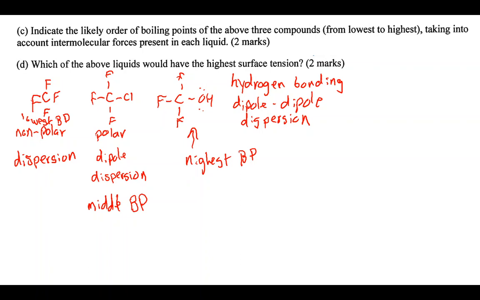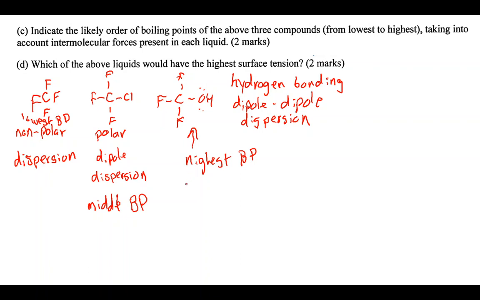So D, which of the above liquids would have the highest surface tension? So surface tension is also dependent upon intermolecular forces. It's kind of like the viscosity of a liquid. One that has strong forces is resistant to moving or being disrupted. In this case, we examined all these three.